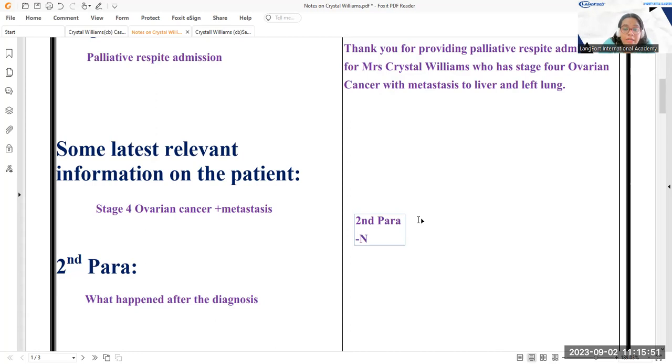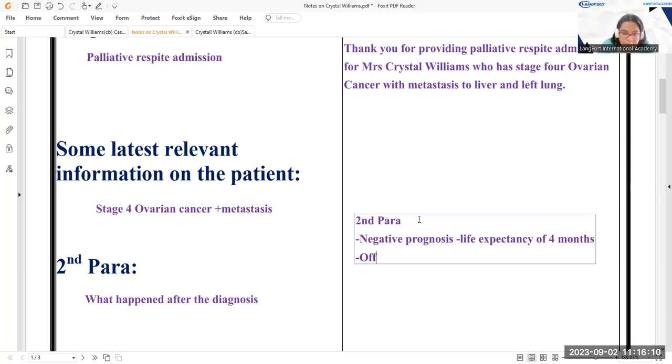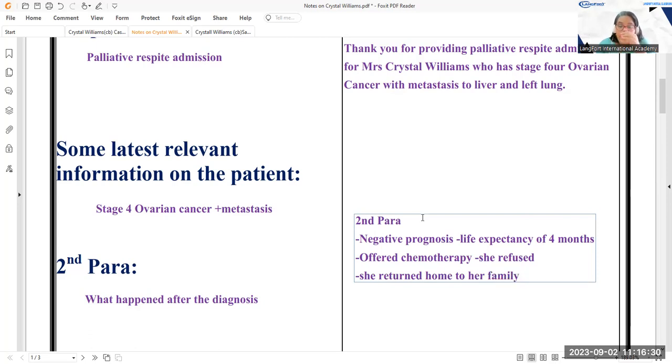I can mention the negative prognosis, which is the life expectancy of 4 months. Then I can talk about offered chemotherapy and she refused it. Then she returned home to her family.